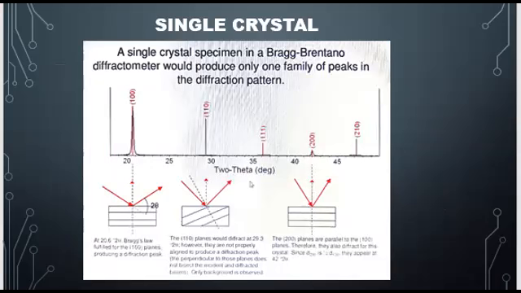So when planes are aligned, bisecting the incident and diffracted beams, as they do at 100 and 200, you get a peak. But if planes are not properly aligned, like they are not at the peak 110, then there will be no diffraction at all.